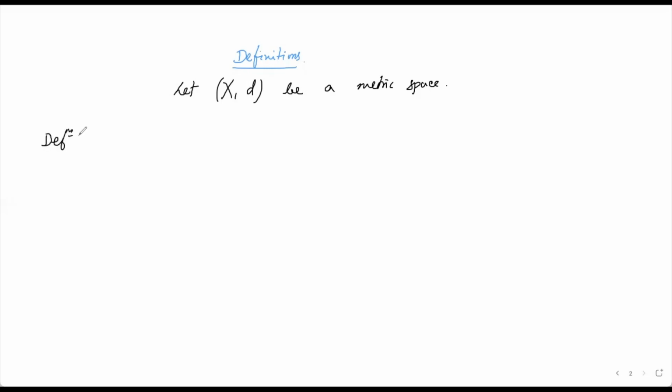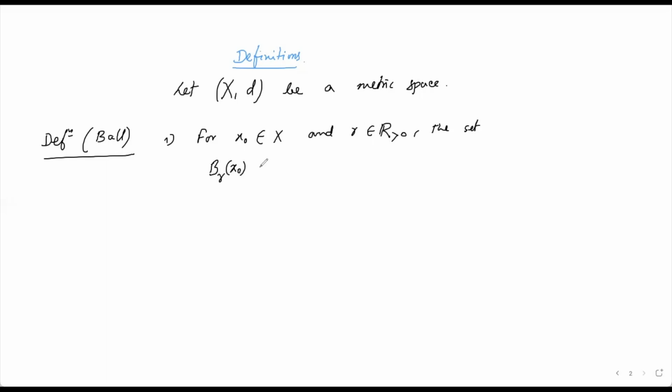Definition: for x naught in the metric space X and little r belongs to the positive reals, the set denoted by B(x naught, r), which is equal to the set of all points y in X such that the distance between x naught and y is strictly less than r.